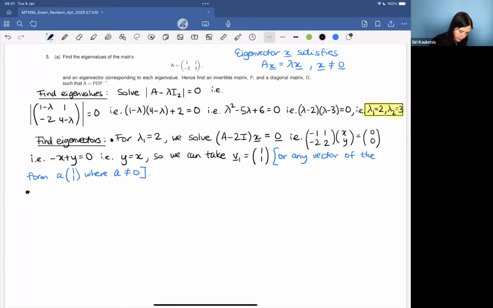And now let's move on then to finding an eigenvector for the second eigenvalue.